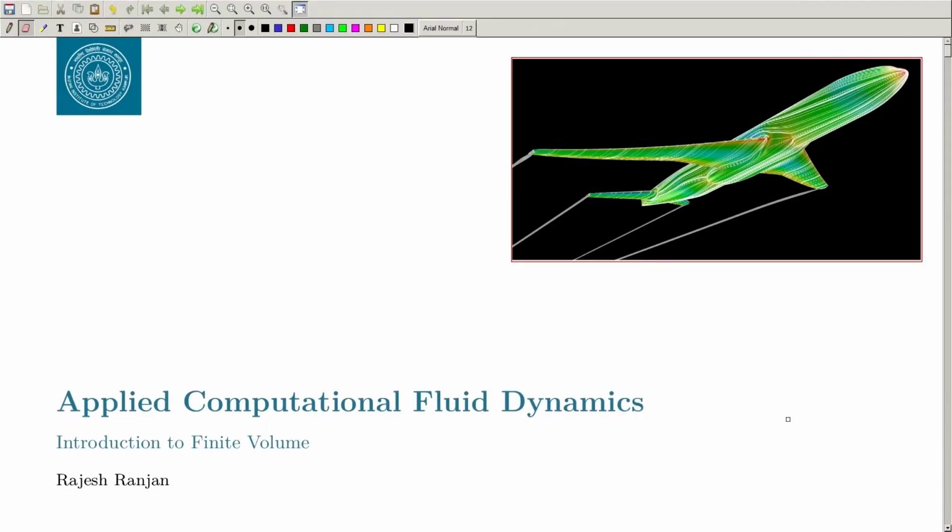On the other hand, if you use finite volume, you can use grid elements of different kinds. You can have, let us say, a triangular grid element, or you can have a quadrilateral in 2D. In 3D, it can be a hexahedral, or it can be a prism. Many different kinds of elements you can use, and this will all work in finite volume.